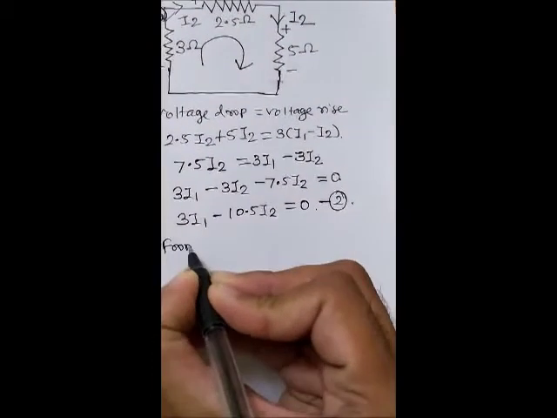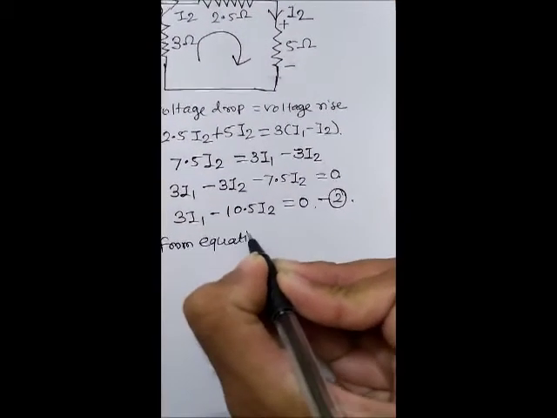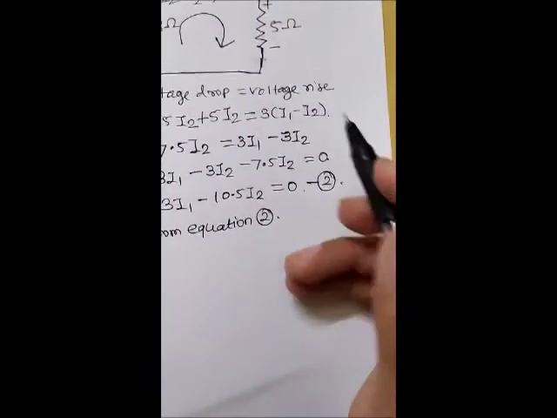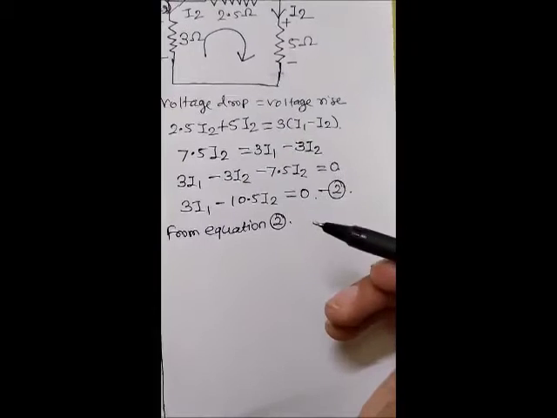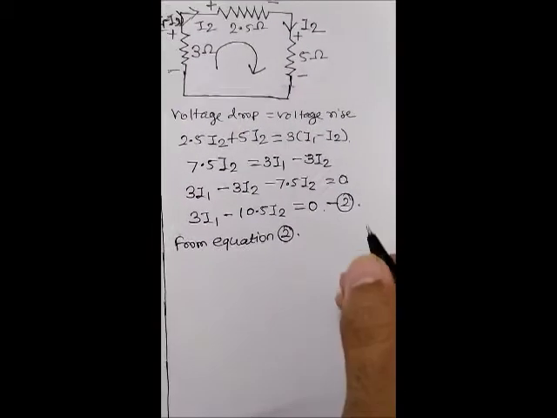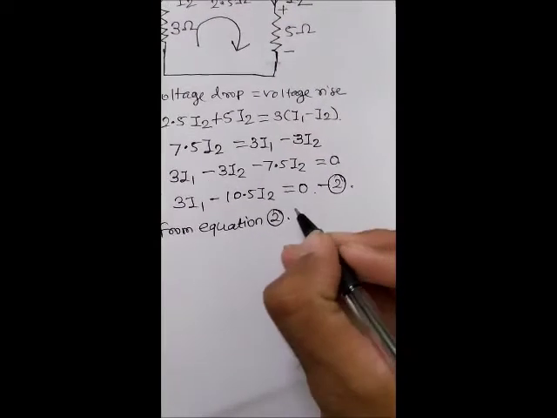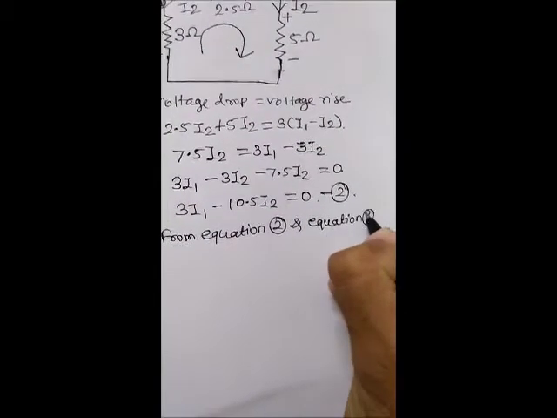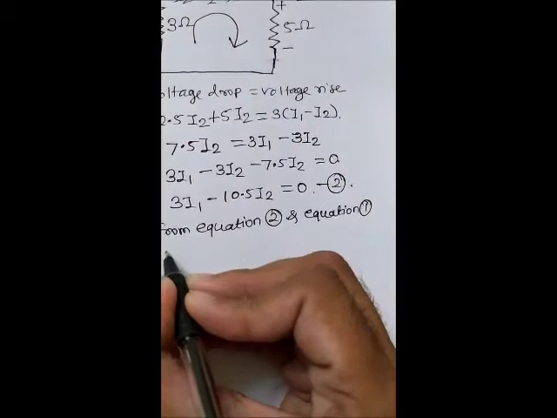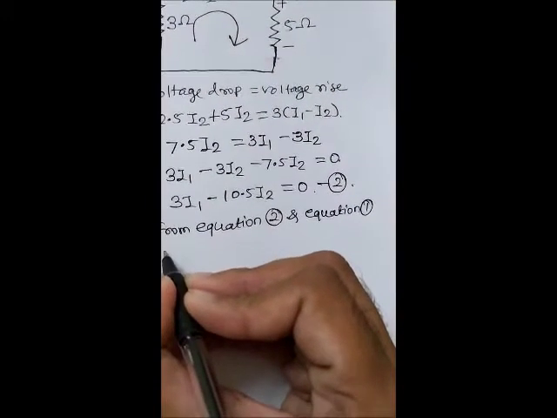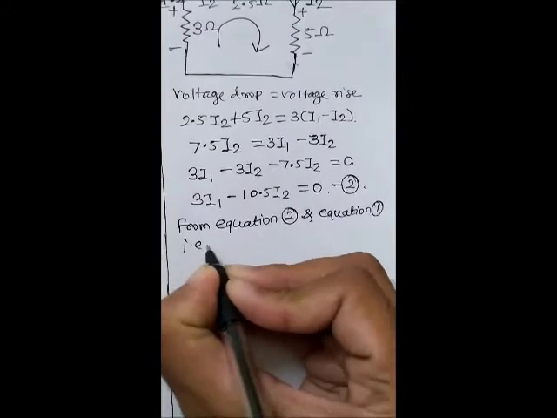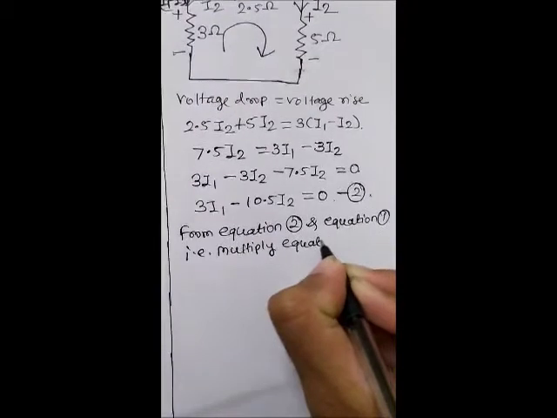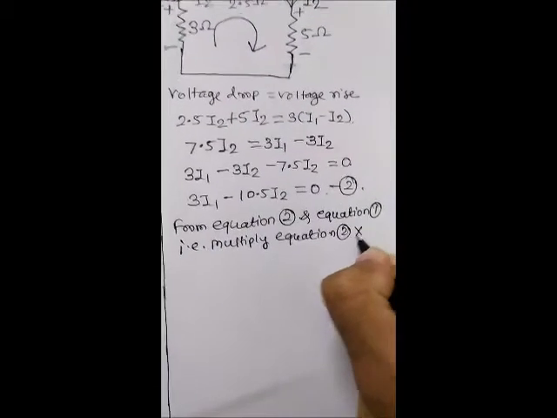Now from equation 2 and equation 1, multiply equation 2 by 2.